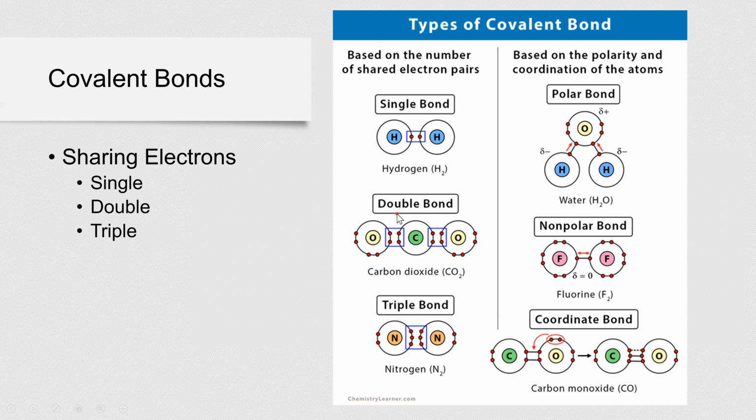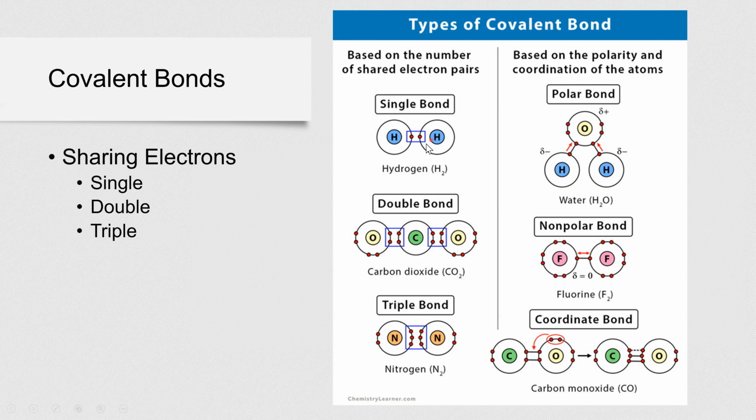It can be a double covalent bond, right? When two atoms share two pairs of electrons. So this is one pair of electrons, this is two pairs of electrons, or it can even be a triple covalent bond when two atoms share three pairs of electrons.